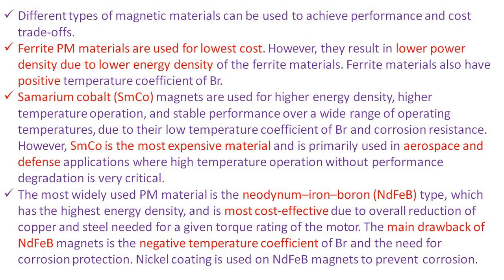Different types of magnetic materials can be used to achieve performance and cost trade-offs. Ferrite PM materials are used for lowest cost, however they result in low power density due to the lower energy density of the ferrite material. Ferrite material also has a positive temperature coefficient of Br. Samarium cobalt magnets are used for high energy density, higher temperature operation and stable performance over a wide range of operating temperature, due to the low temperature coefficient of Br, and corrosion resistance.